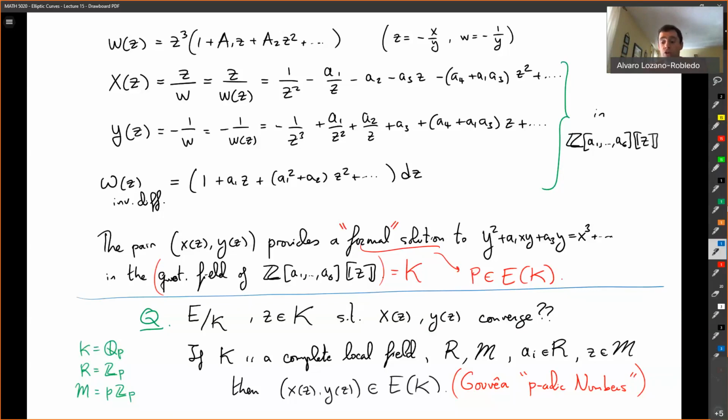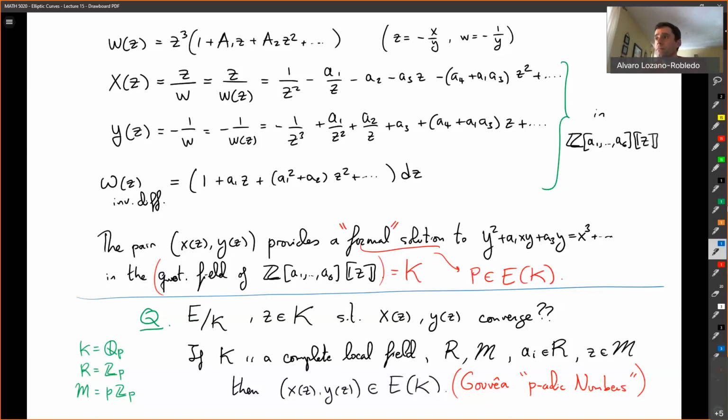However, what we're going to try to do is find fields where we can actually evaluate these power series to get points on the elliptic curve that are arithmetic, for example Q_p. I can evaluate there and get points over Q_p, and then we're going to see how far we are. We're going to create a bunch of points over Q_p, and then analyze how many we have. Do we have them all? Or how close are we to having all the points on the elliptic curve over Q_p with this construction?